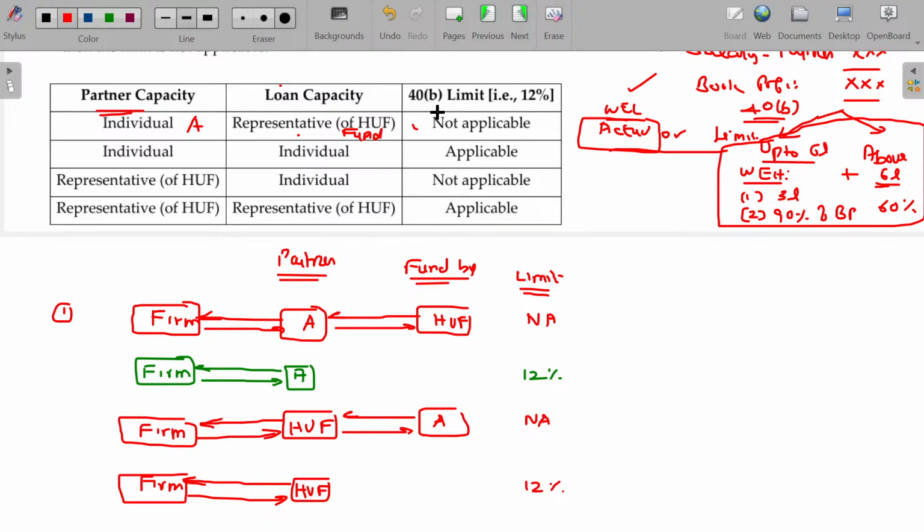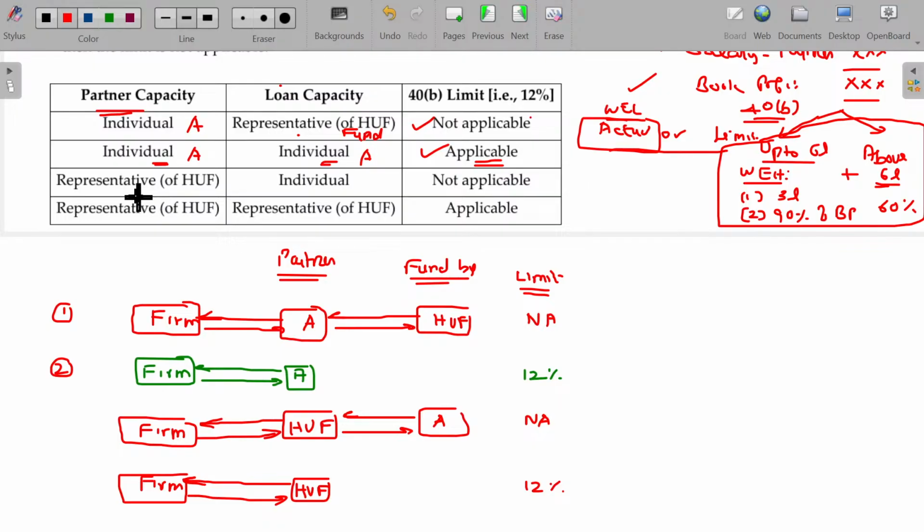Then not applicable is the answer. Next one is partner's capacity being individual, maybe A. Loan out of his own fund, funded by himself. So partner capacity being individual, he himself funds the partnership firm's requirement. Then limit 12% is applicable.